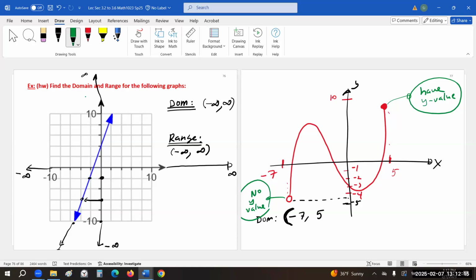So since for 5, x equals 5, we have a y value. So our domain includes the 5. So when x is 5, we have a y value. This is what it means. But when x is -7, we don't have a y value.